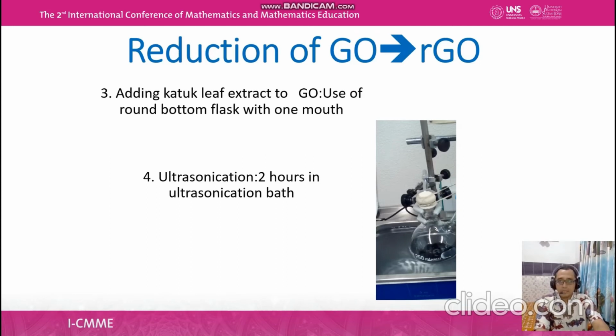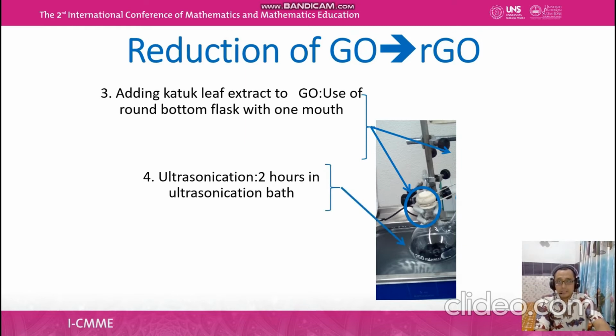The graphene oxide 0.1 was mixed into 200 ml of Katuk leaf extract and the ultrasonication process was continued at 50 watts for 2 hours to obtain a homogeneous graphene oxide dispersion.